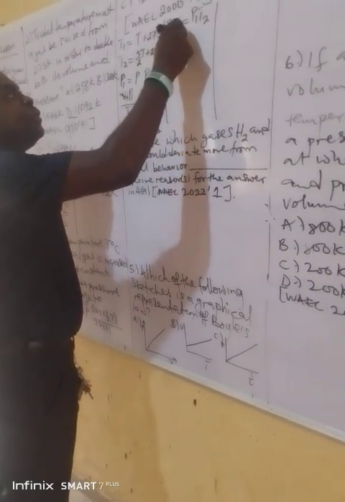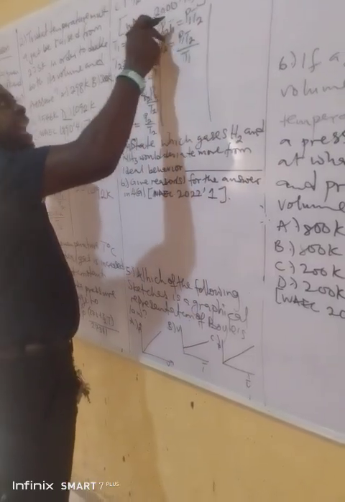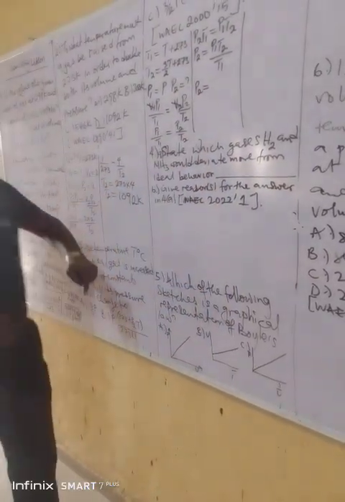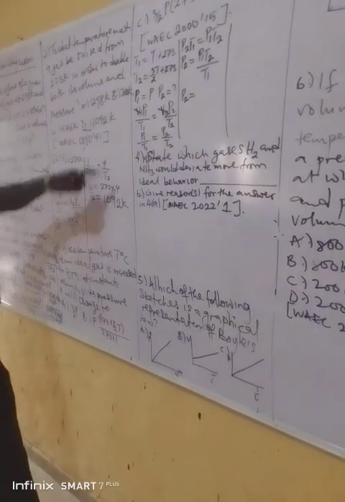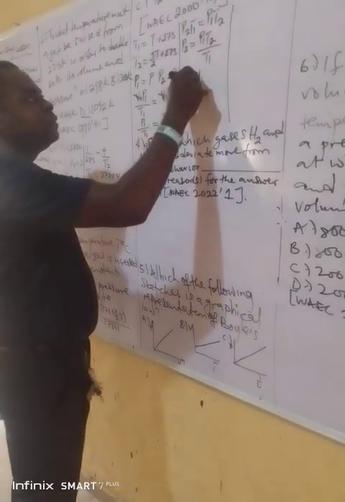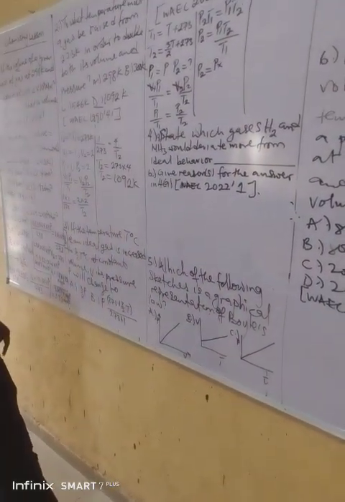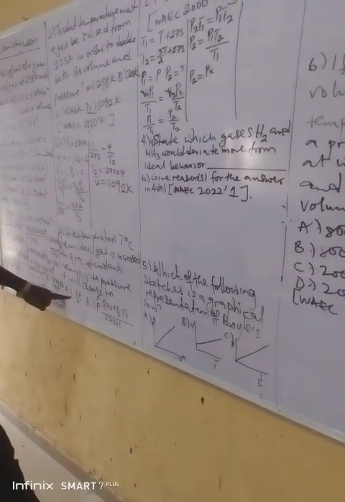P2 will now become P1 T2 over T1. So P2 will now be, what is my P1? My P1 is P. What is my T2?